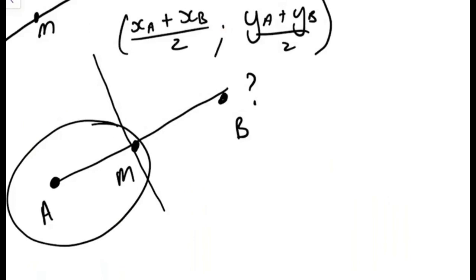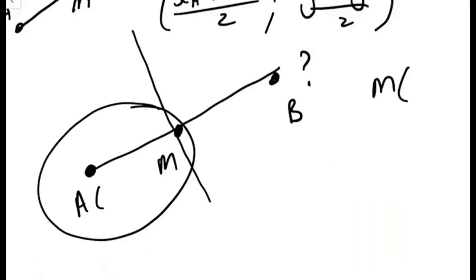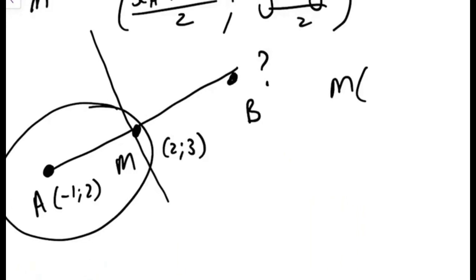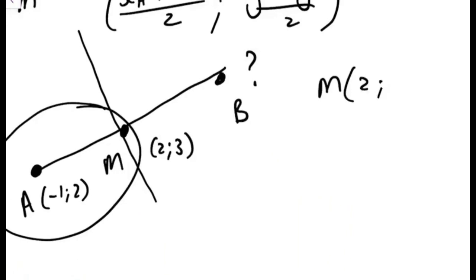So what I would do here is I write out my M, and I've already got my values here. Let's just give this thing a few values. So if this is -1 and 2, and then this is 2 and 3, what's B? So my midpoint is 2 and 3.